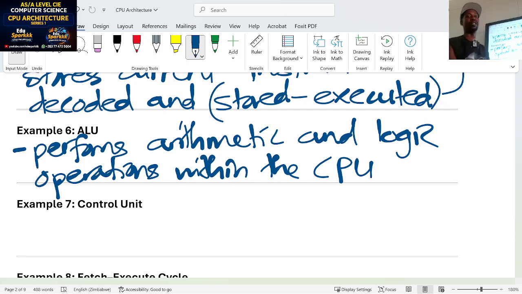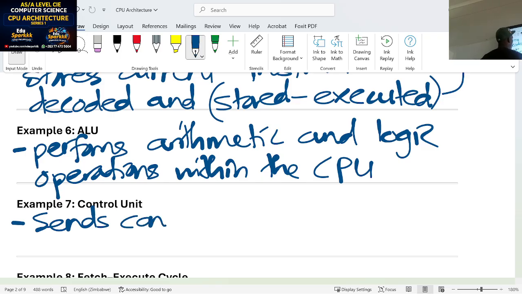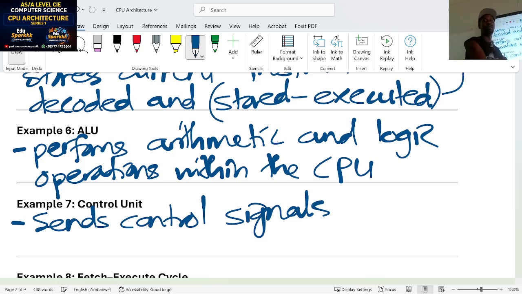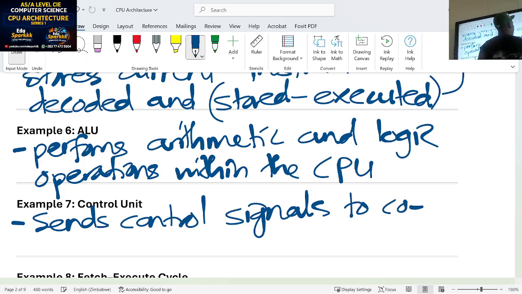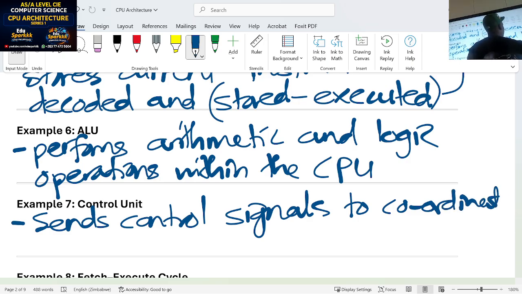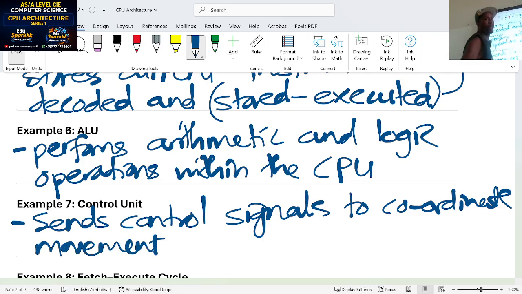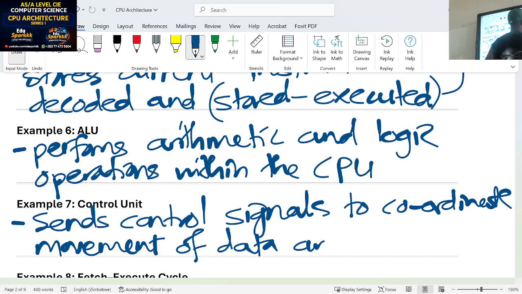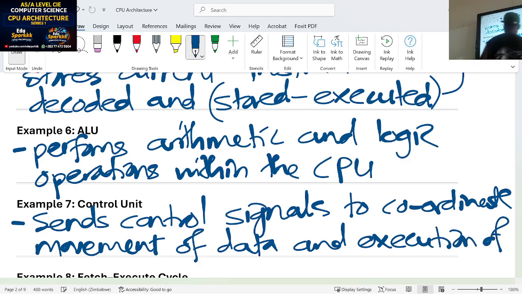Then next we're interested in the control unit. This one sends control signals, to do with things such as interrupts. So it coordinates the movement of data as well as execution of instructions.